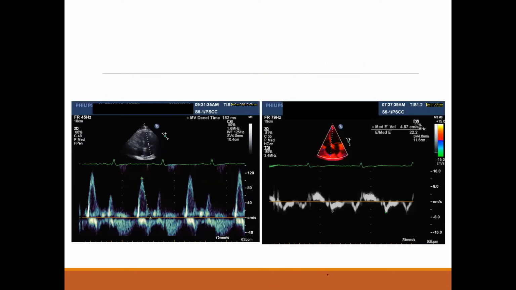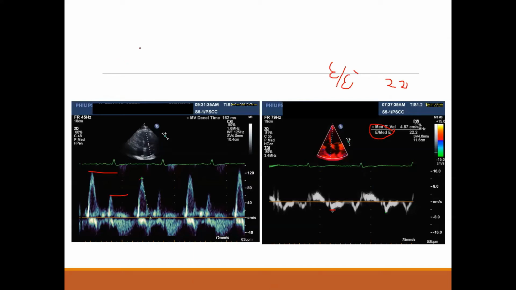Now this one, you see E and A, and you see the E prime is so low, and E over E prime is 22. So which grade is this?